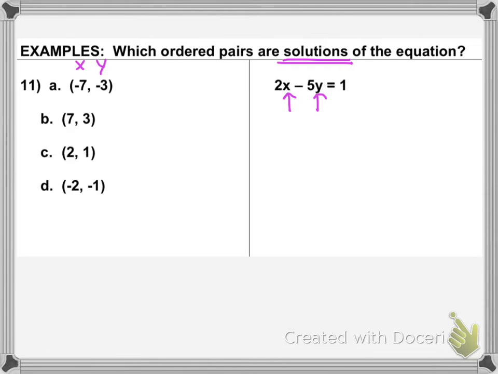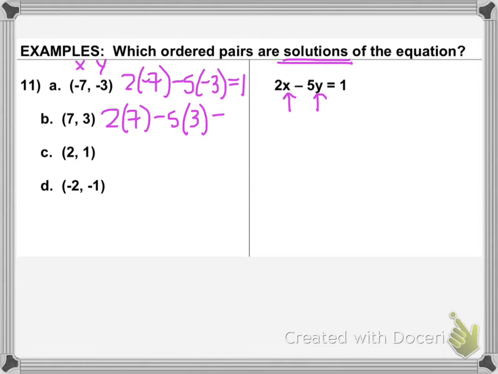So we're going to evaluate each of these. For the first one, it would be 2 times negative 7 minus 5 times negative 3 equals 1. You would type that into your calculator. For B, it would be 2 times positive 7 minus 5 times positive 3 equals 1. For C, it would be 2 times 2 minus 5 times 1 equals 1.